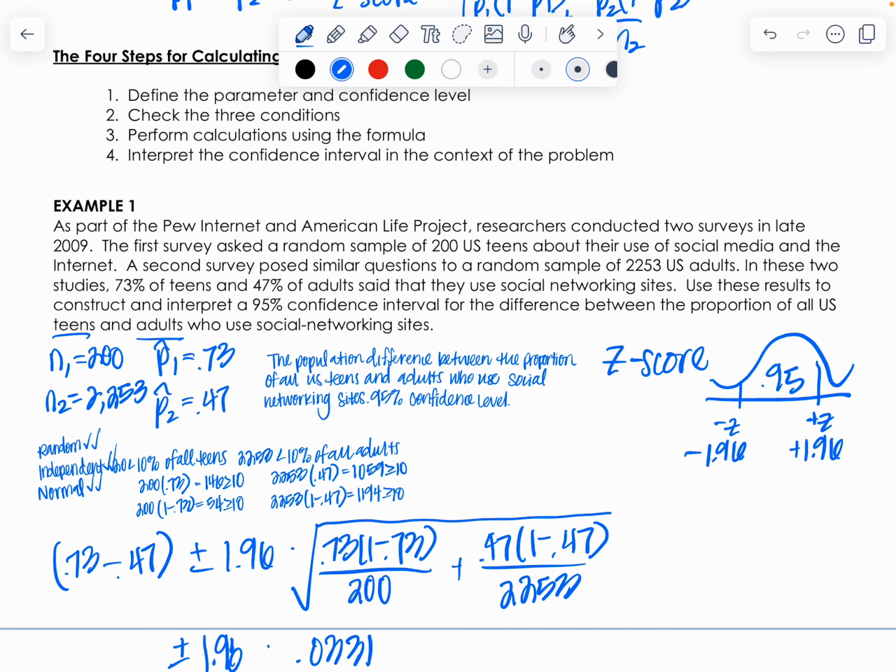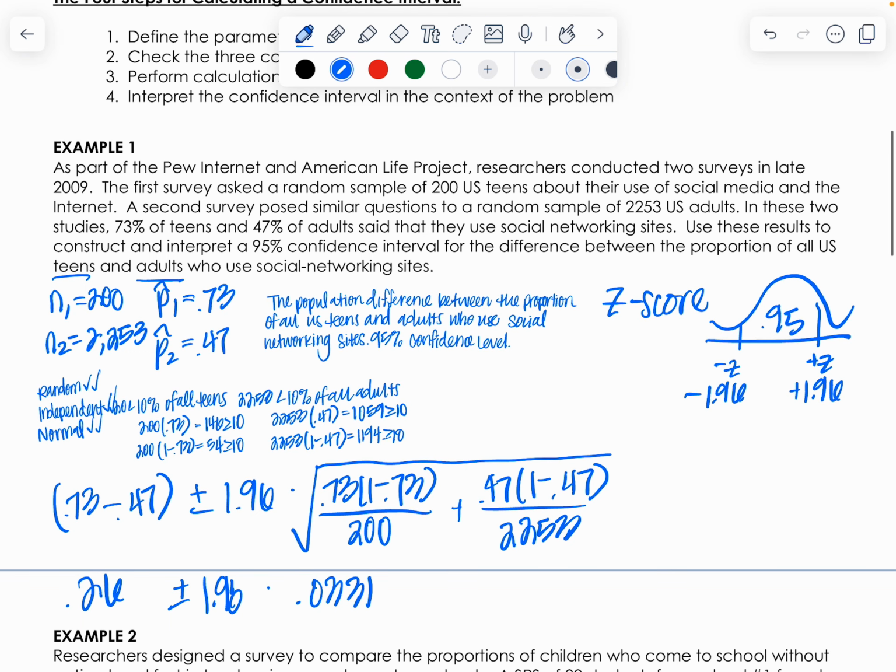And in the meantime, I'll do 0.73 minus 0.47. So 0.26. Okay, and this was 1.96. All right, so now let's find that margin of error. So 1.96 times 0.0331 is 0.0648.